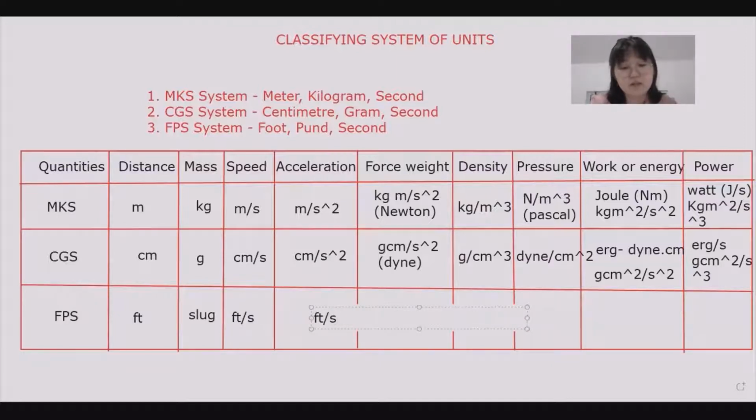Acceleration will be feet per second square. Force or weight will be slug feet per second square, or you can call it pound.